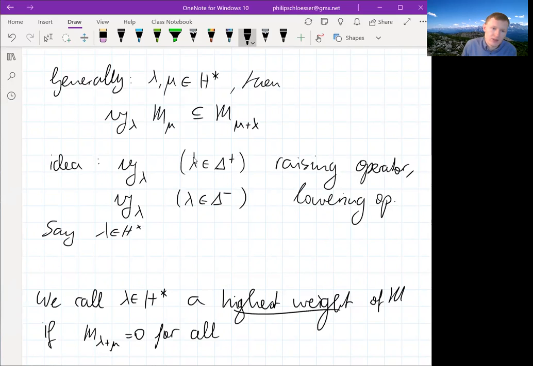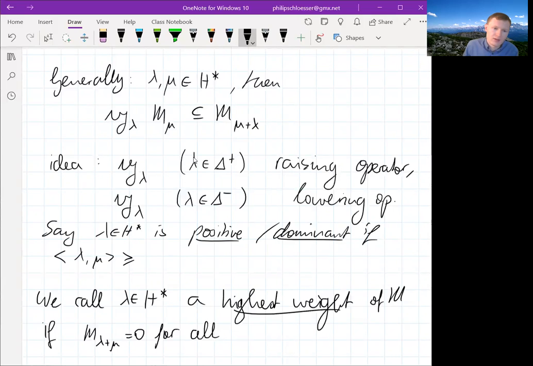Say lambda in H dual is positive or dominant if the Killing form, or the scalar product of lambda with every positive root, is non-negative. And this is just the dual scalar product induced by the Killing form.